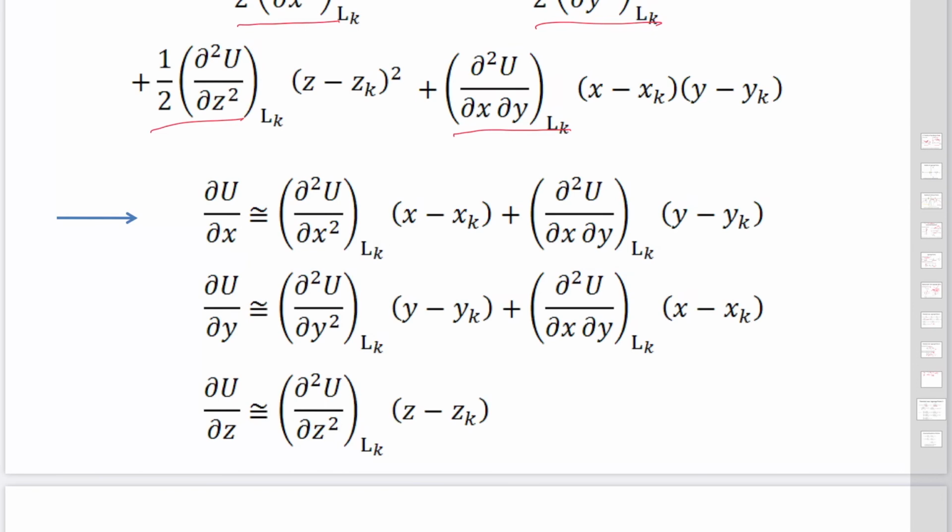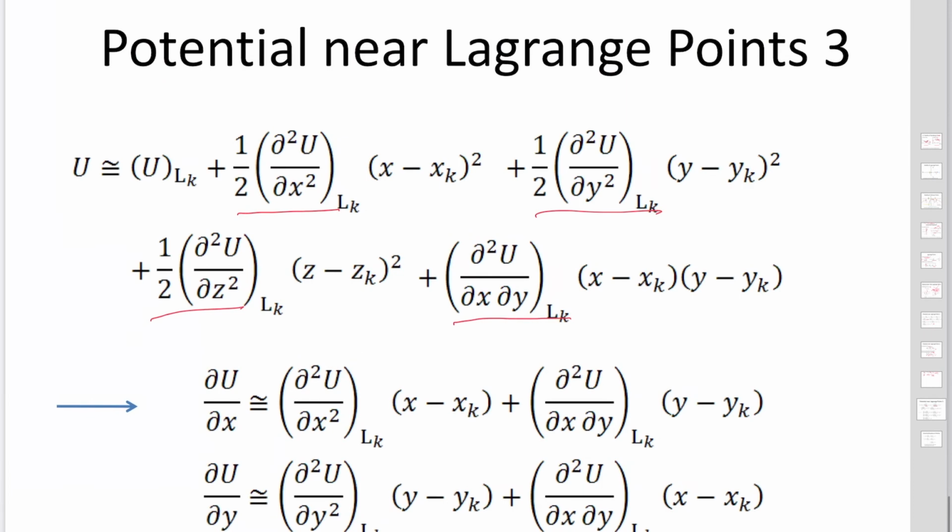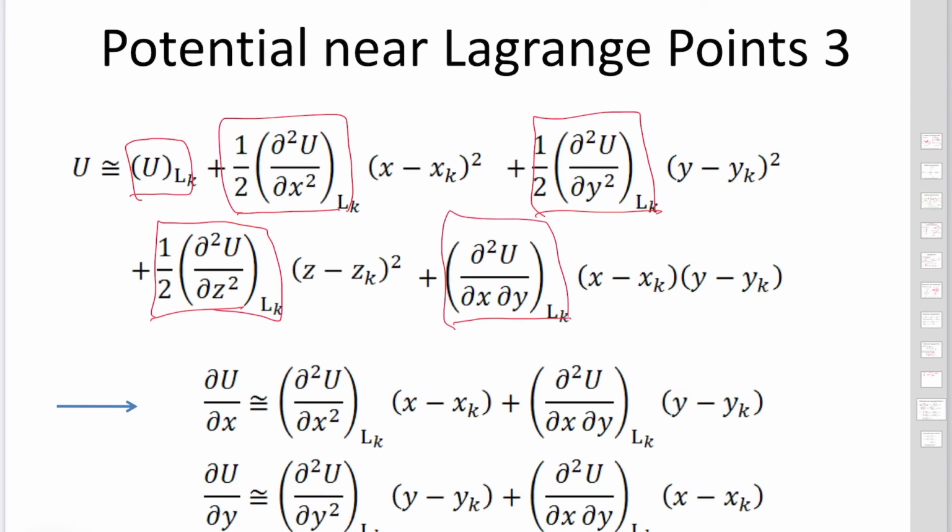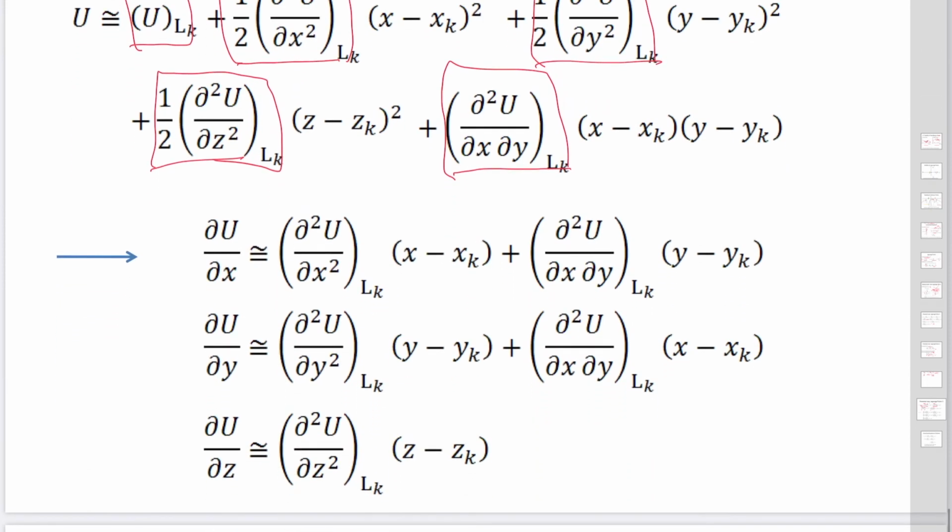U sub k is a constant quantity. These are constant values because we substitute the coordinates of the Lagrange point. Then the partial derivative with respect to x has just two terms, and the partial derivative with respect to y also has two terms. The partial derivative with respect to z has just a single term.